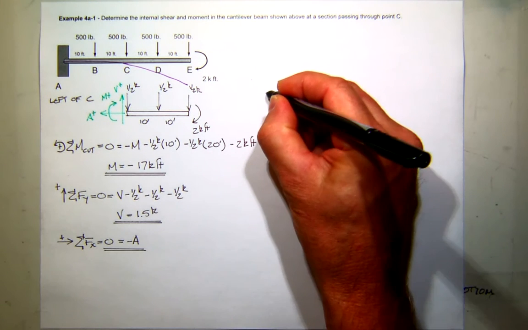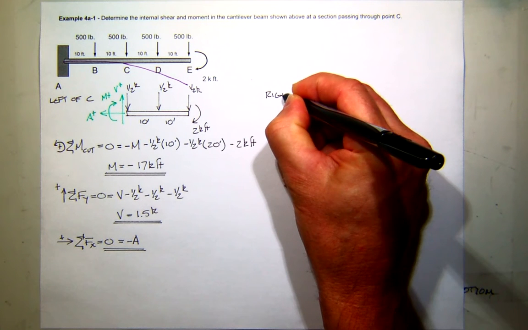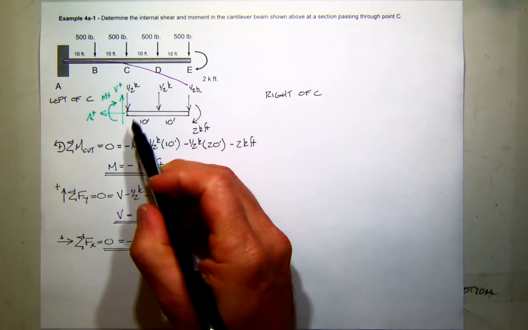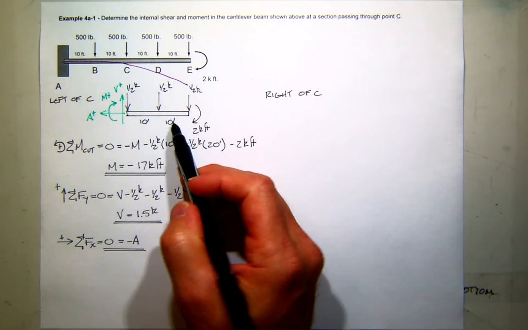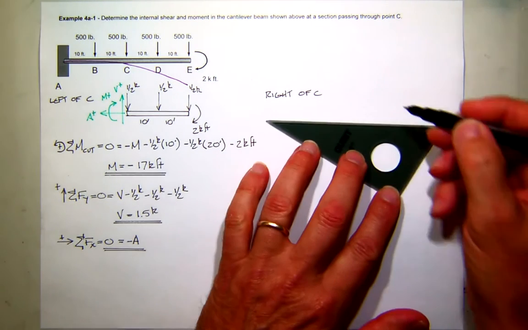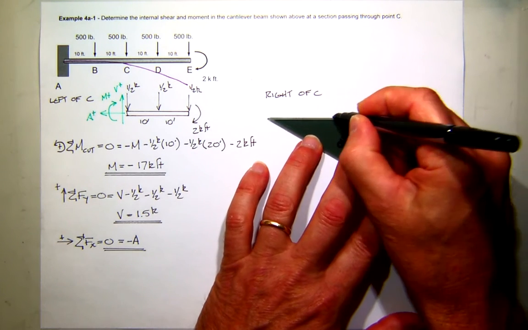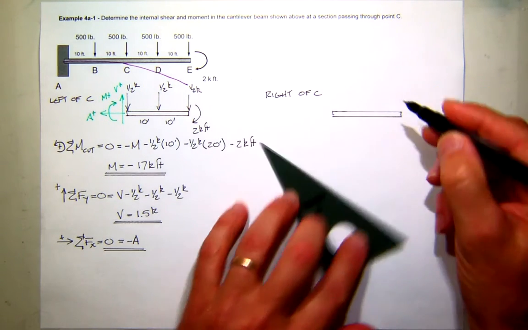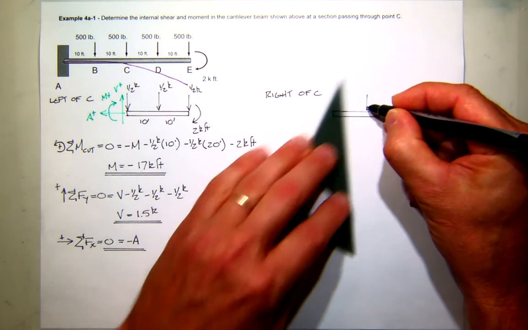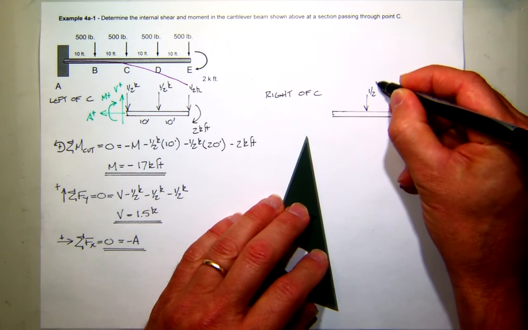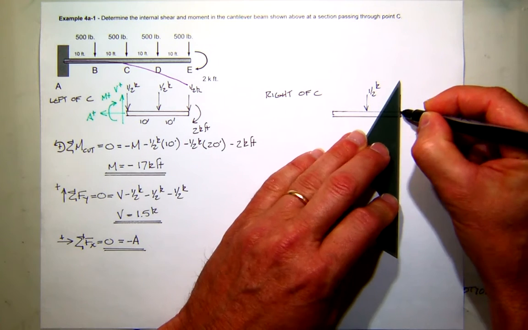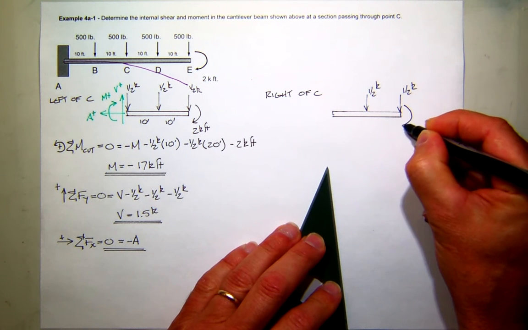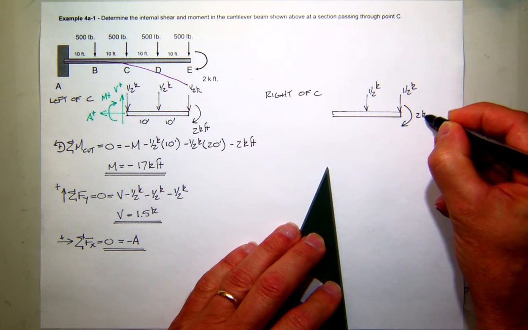So now I go to the right of C. What changes? The length of my element is pretty much the same. At 10 feet over, I still have my half kip force. At the very end, I still have my half kip force. I still have my bending moment applied at the end, 2 kip-feet.